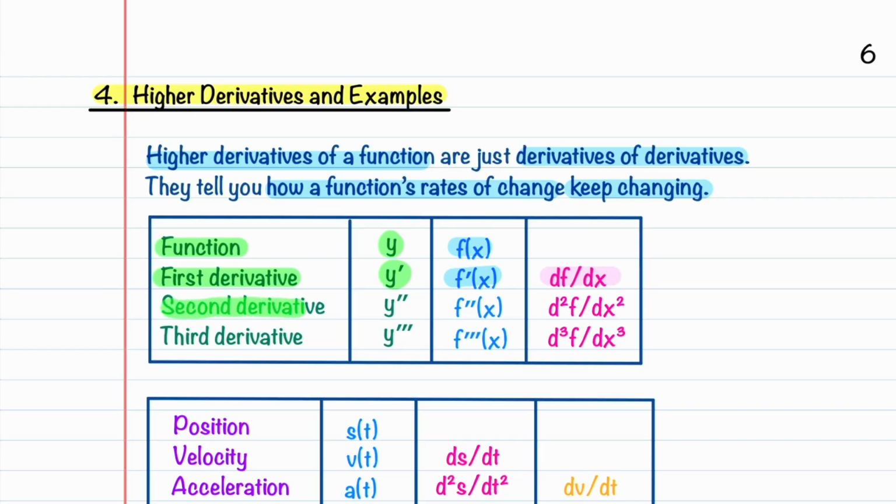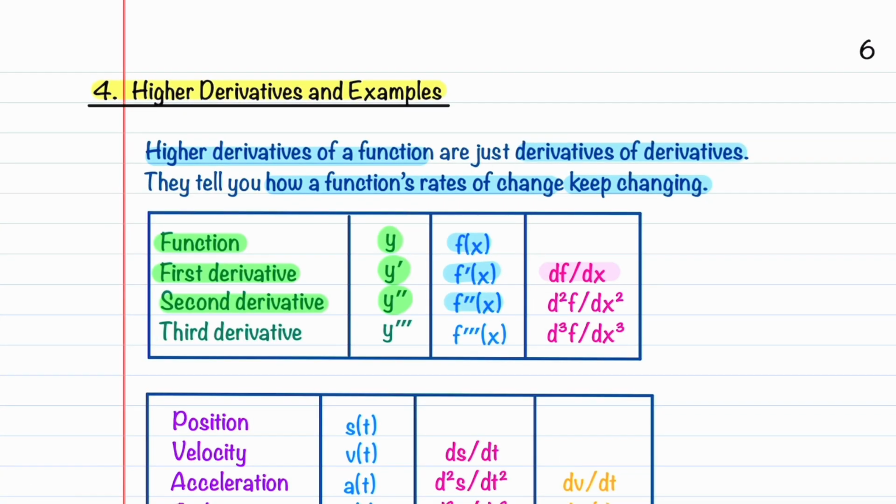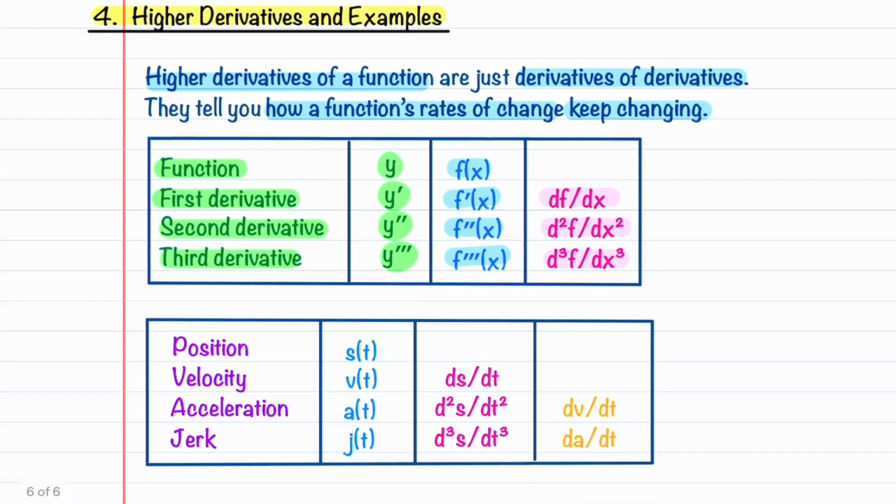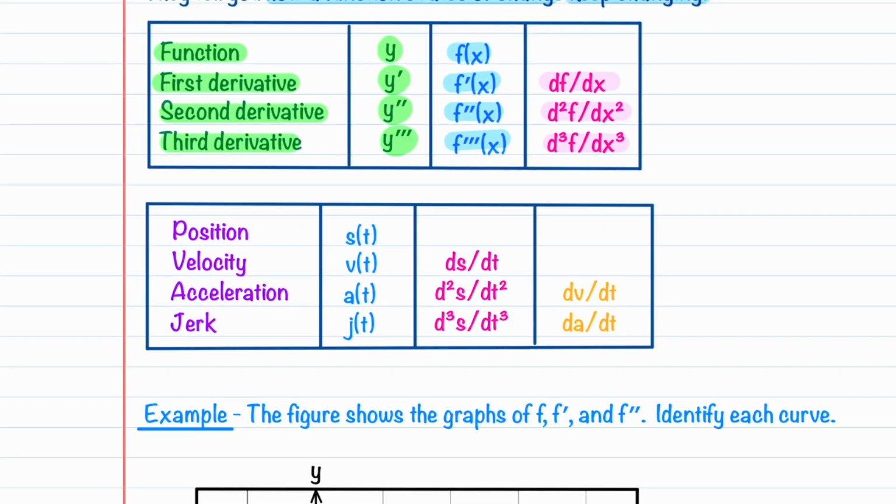A second derivative is notated as y double prime, or f double prime, or d squared f dx squared. And then lastly, a third derivative is notated by y triple prime, or f triple prime of x, or d cubed f dx cubed.